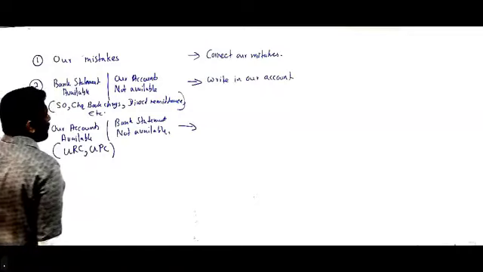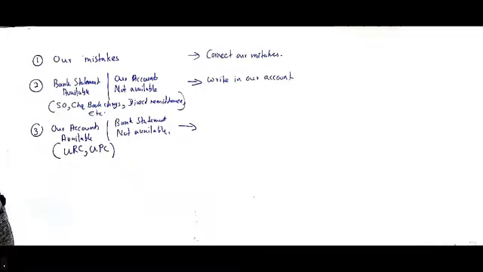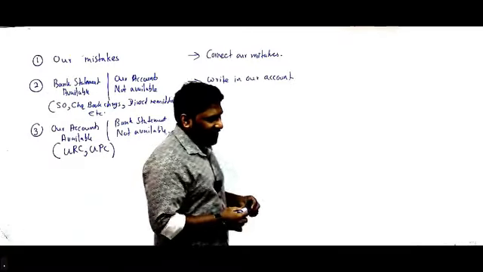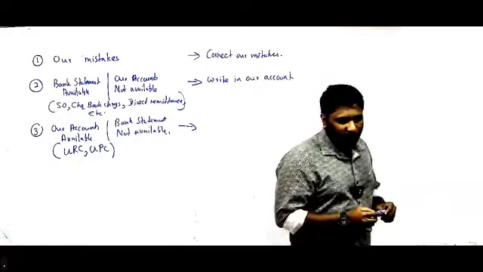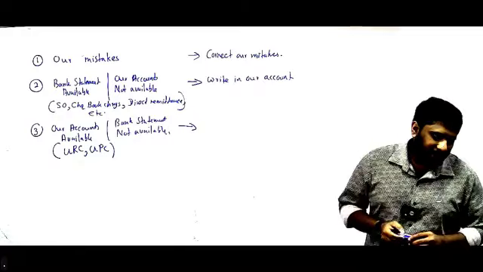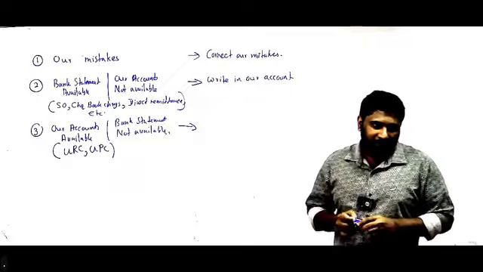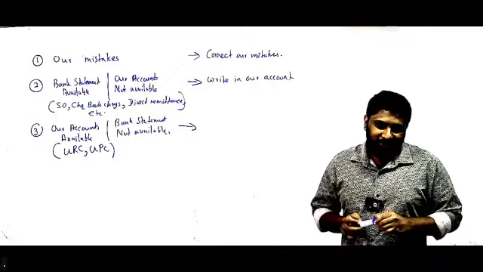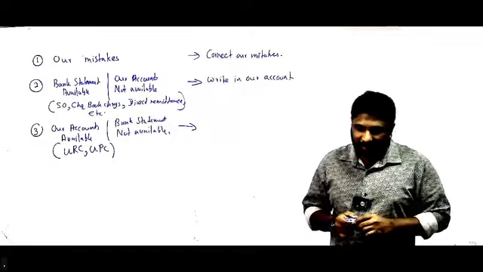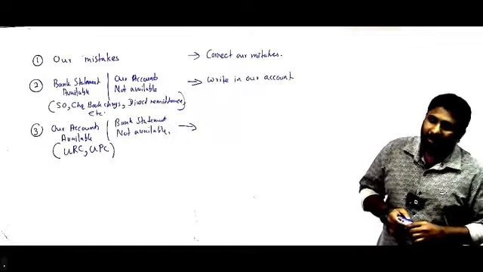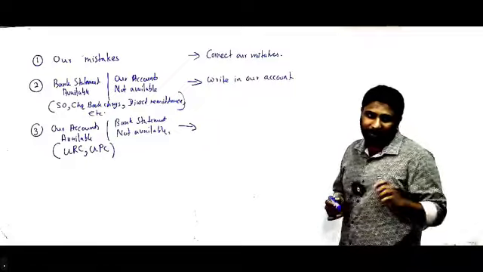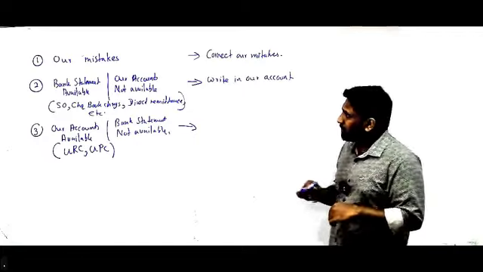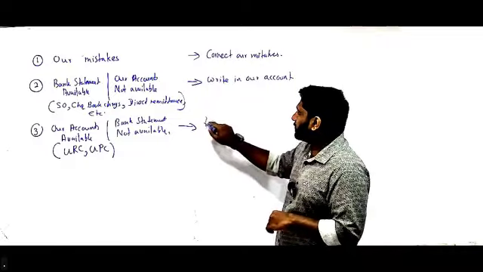What did I tell you? It is not there in the bank statement, but it is there in our accounts. Until the check gets realized or until they present the check, we have to temporarily write and keep it in the bank reconciliation statement. Record it in the bank rec.